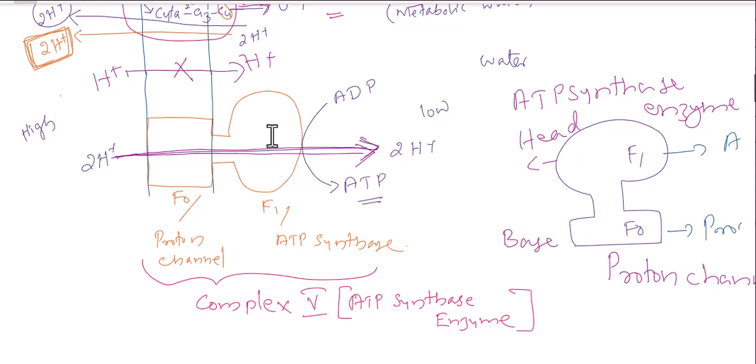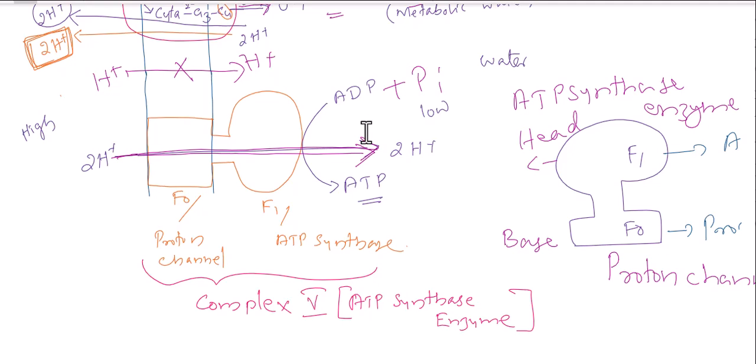The F1 particle is otherwise termed the ATP synthase enzyme. That enzyme develops a conformational change that leads to the formation of ATP from ADP. Here ADP and inorganic phosphate combine together and ATP is produced.